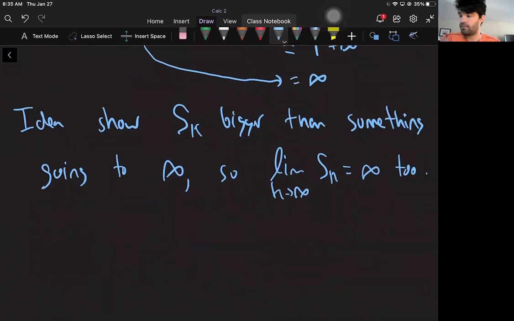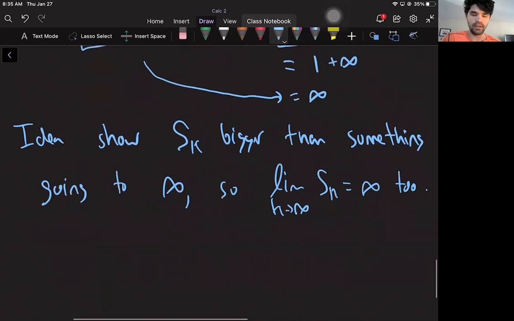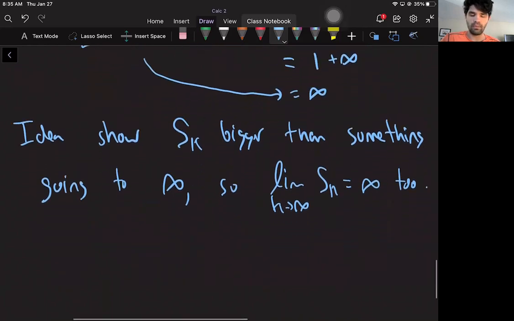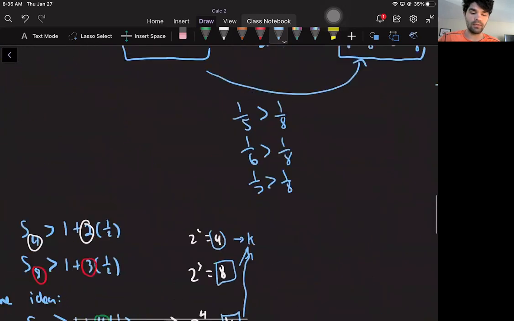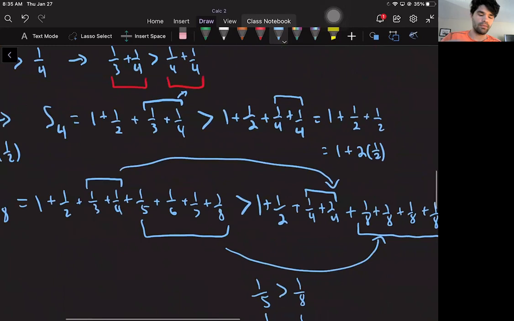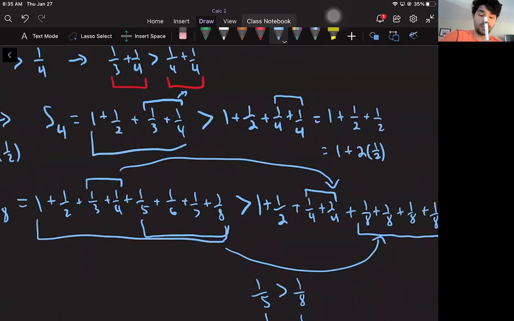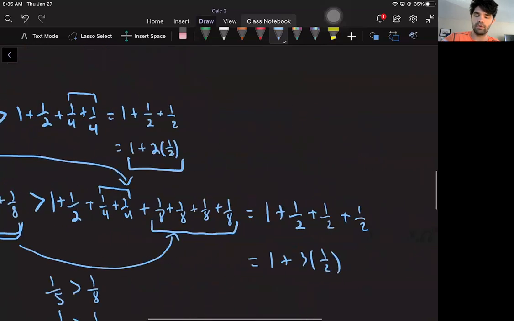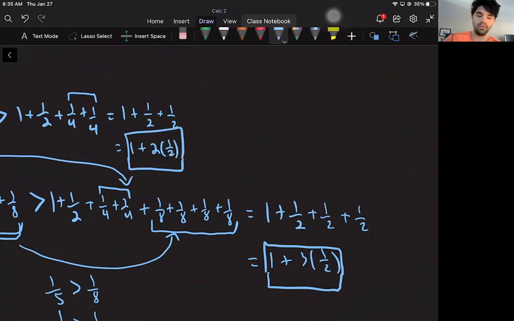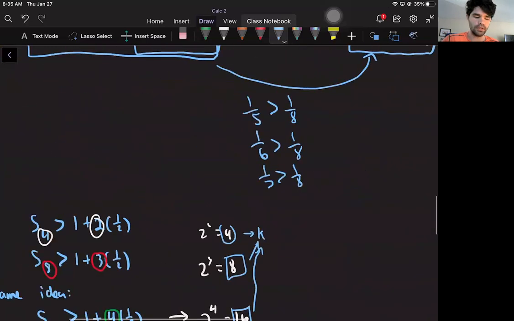Okay, and this is a very powerful technique, and it's much more possible than trying to actually figure out a formula for the S_k's for these things way up here. Figuring out an explicit formula for these things is very hard, but figuring out an explicit formula for what it's bigger than is not as hard. And so that's what we did here.